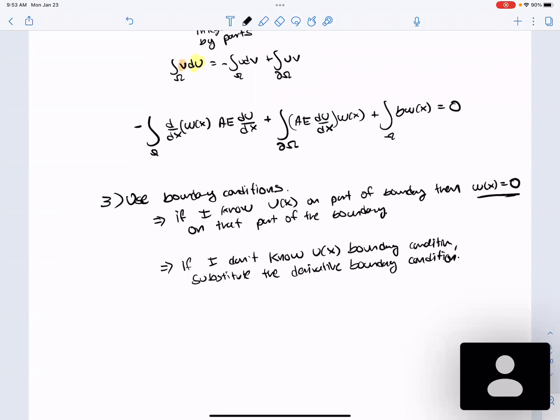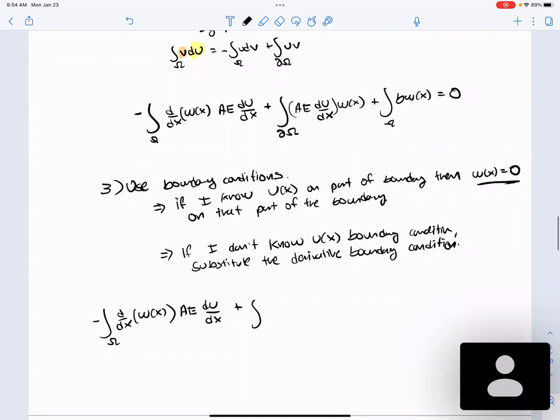So let's do that. So we have the integral of the derivative of w of x times AE du/dx plus, and now this integral I'm going to split into two. I'm going to split into the part of the boundary for which I know the displacements.